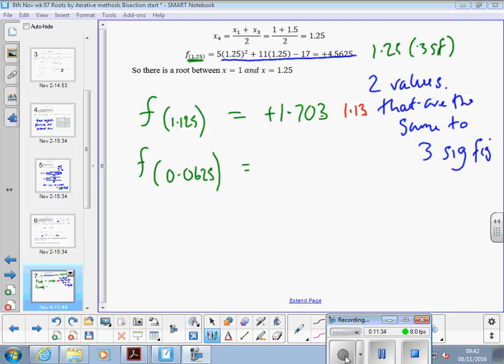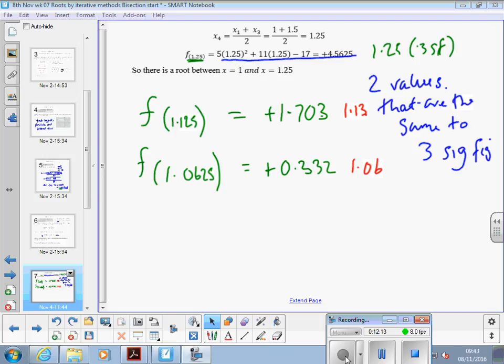The result of that was, should be 1.0625. So our root to three significant figures there is 1.06.